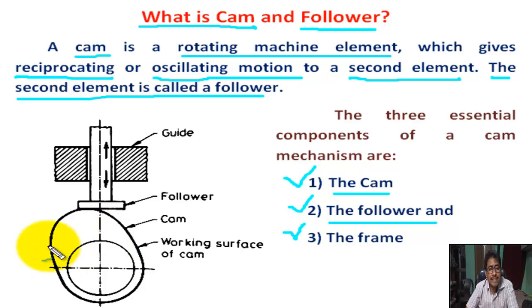Almost always the cam is the driver and the follower is the driven. The frame supports and guides the follower and the cam. The cam and follower have a line contact, and it creates a higher pair.